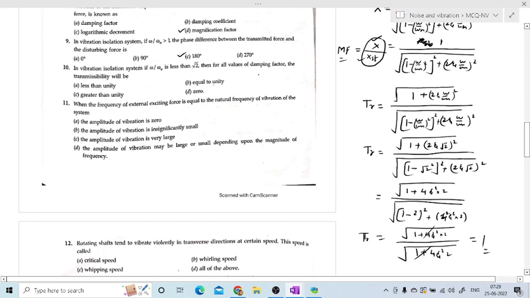Now when this value becomes less than root 2, then the transmissibility will be greater than 1. And when this value is greater than root 2, then the transmissibility will become less than 1, and when omega by omega n is equal to root 2 then the transmissibility will be equal to 1.